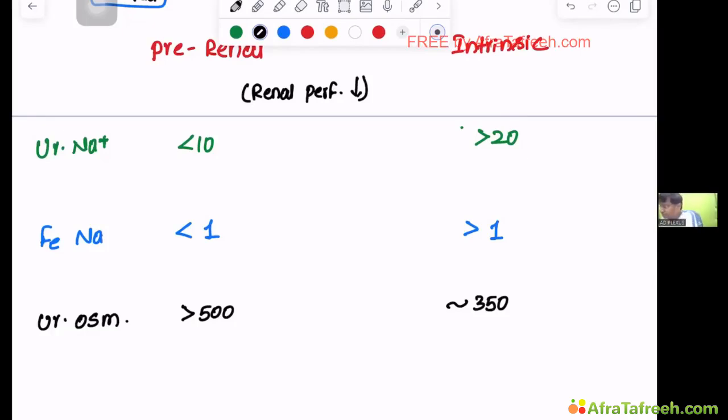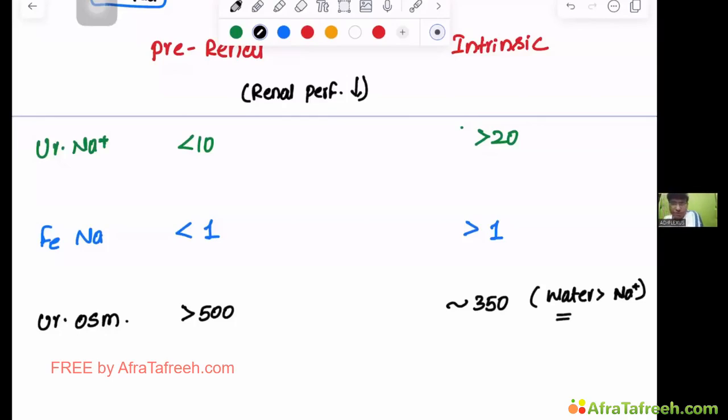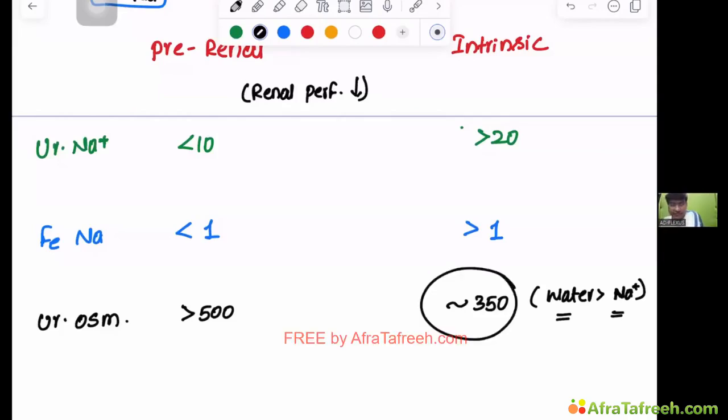So now, in cases of intrinsic renal, water as well as sodium, both of them are excreted out, right? And the amount of water which is excreted out is much more than that of sodium. That is the reason why the urine osmolality is 350, right?